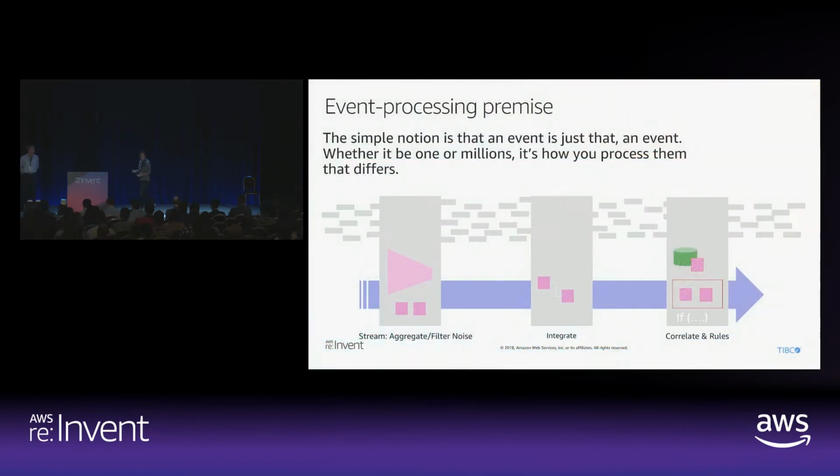When you look at events in general and think about how you can process them, if we take a step back, an event, in its most simple form, is just something that happens. And you can process events in multiple different ways, okay? You can process millions of events at any given time.